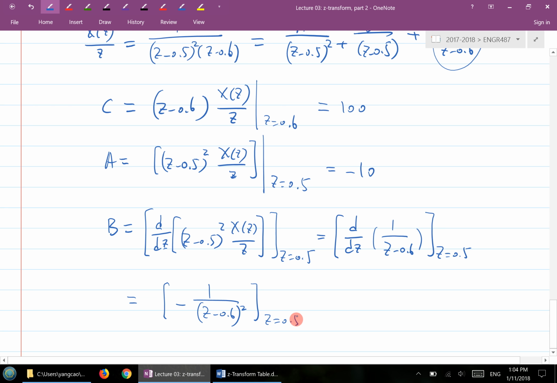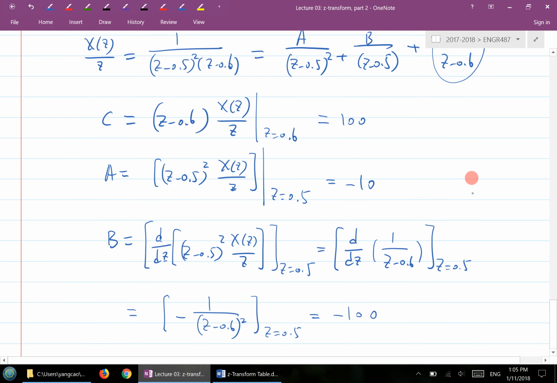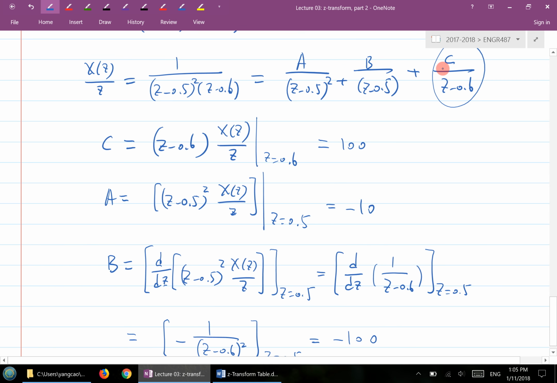Substitute z equal to 0.5 into this term: negative 1 over 0.1 squared, which is 0.01, becomes negative 100. That makes sense? So now you've got your A, B, C.